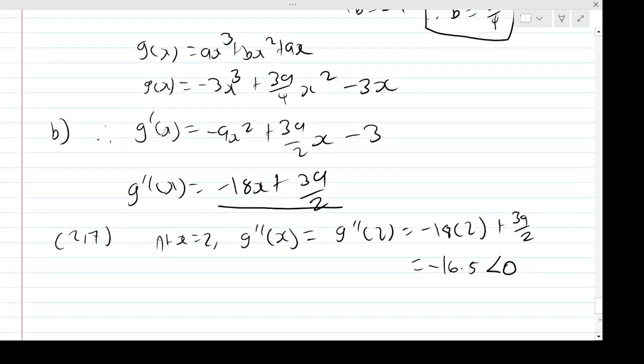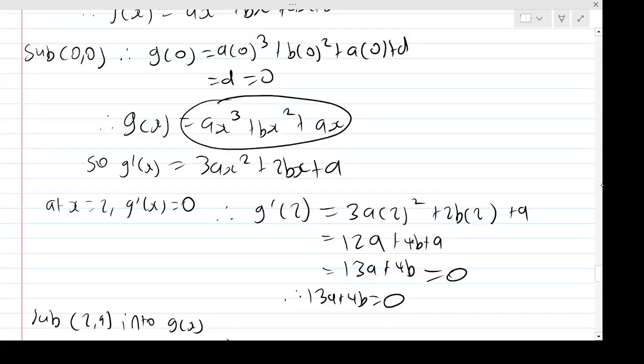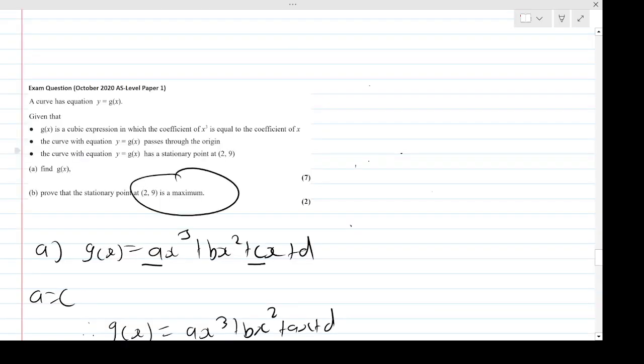So therefore g double dash of x is negative, which means it has to be a maximum. And that is what the question asked us to prove. And there we are.